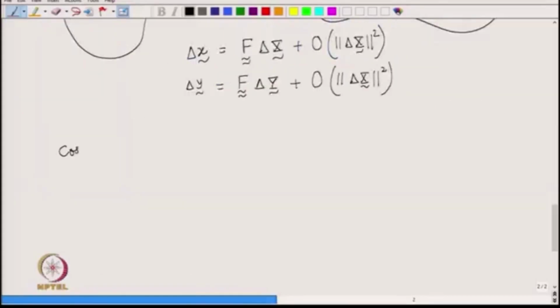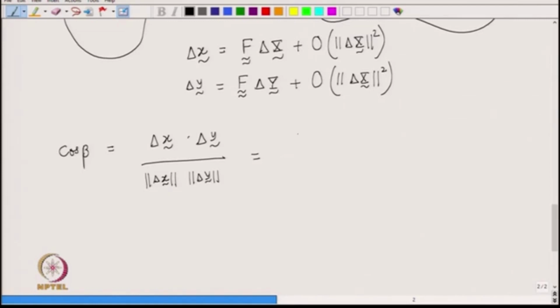So, what is cos of beta? Cos of beta is delta small x dot with delta small y divided by magnitude of delta small x times magnitude of delta small y, and then we plug in the formula for delta small x and delta small y here.